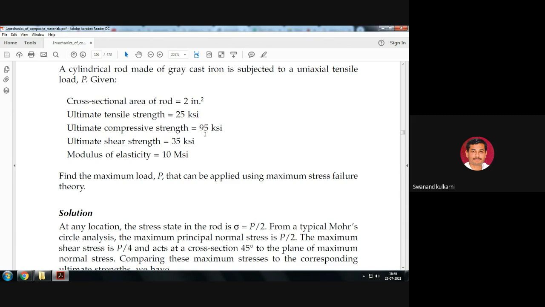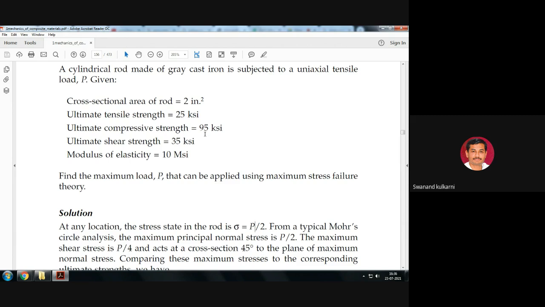The simple example states that a uniaxial tensile load of P is applied on the cylindrical rod made from gray cast iron, whose cross sectional area is 2-inch square, whose ultimate tensile strength and compressive strength are provided. Both strengths are different. Compressive strength is larger compared to tensile strength because the material is gray cast iron.